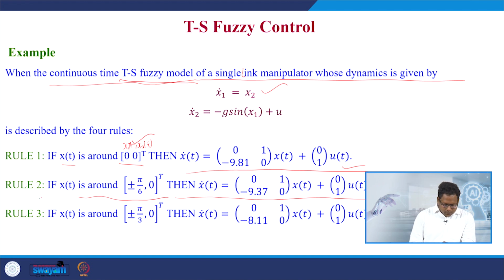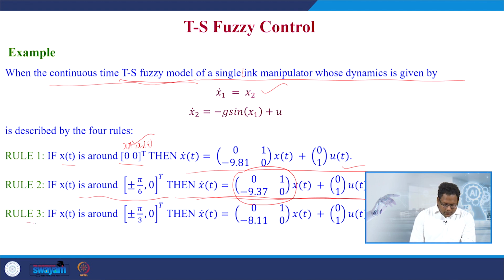Similarly, for the rule 2, we have x1 takes 2 values precisely, it is plus pi by 6 and minus pi by 6. With the linear model x dot equal to Ax plus Bu, where A is 0 1 minus 9.37 0 and B equal to 0 1 for these 2 cases.